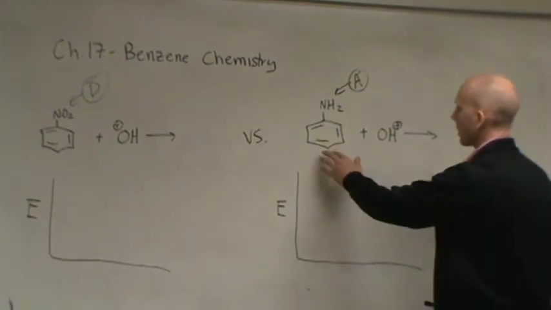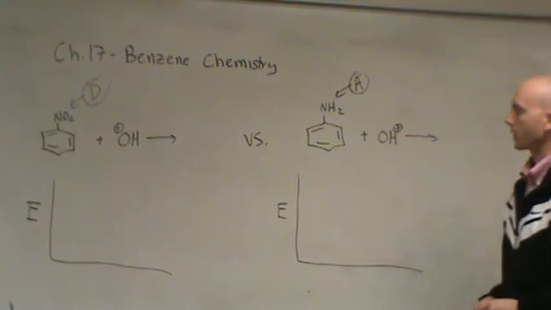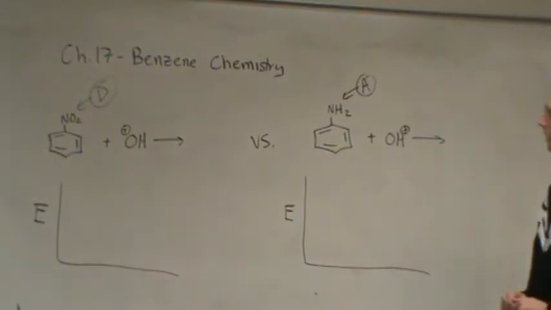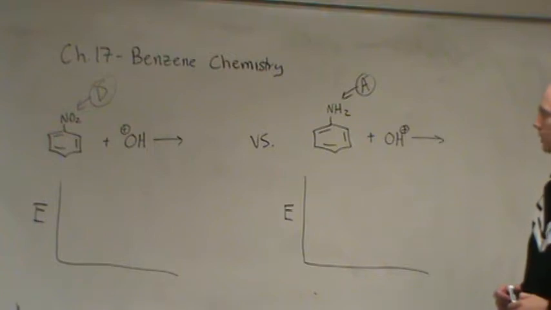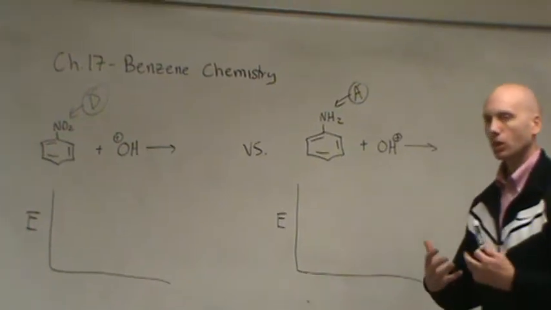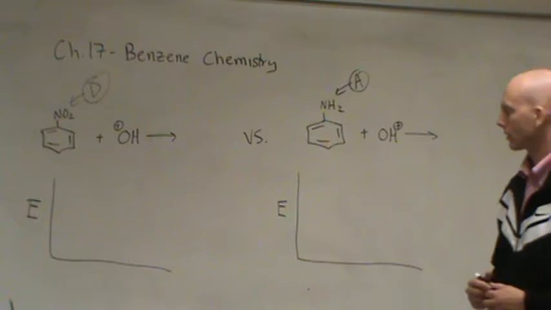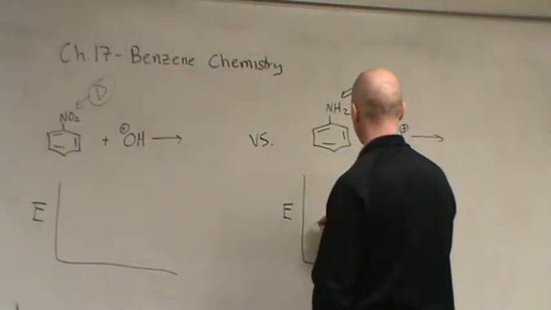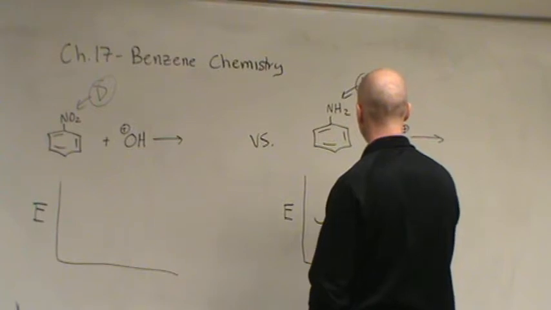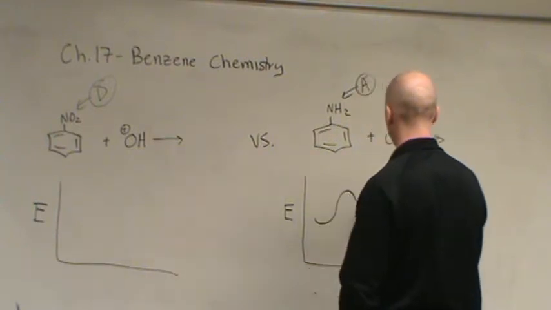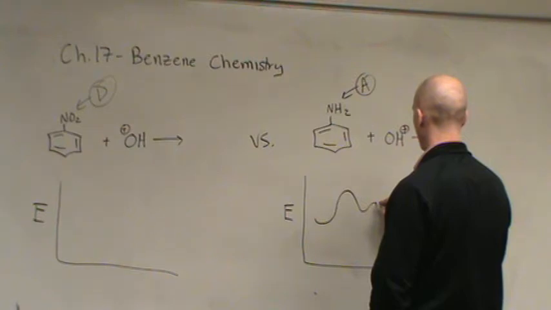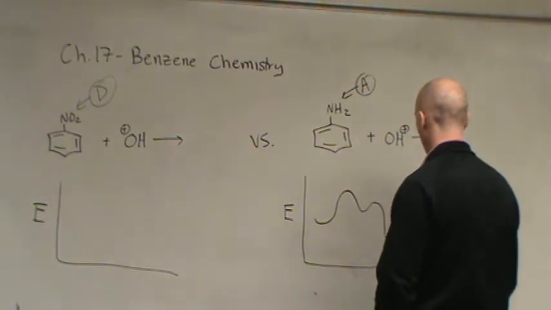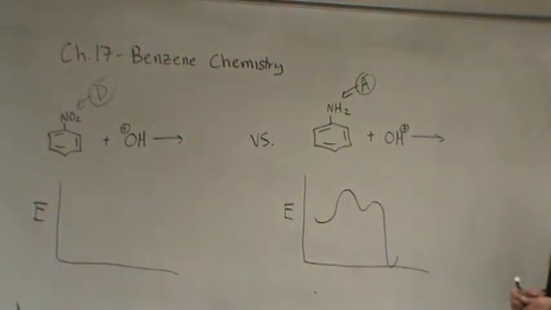If I did this reaction first and wanted to look at it, how might its reaction coordinate diagram look? Well, again, there's two steps, aren't there? The first step is the slower step, then the sigma complex, and then the second downhill step.